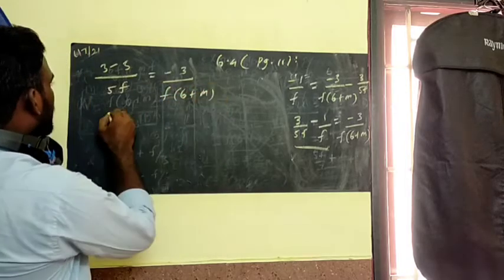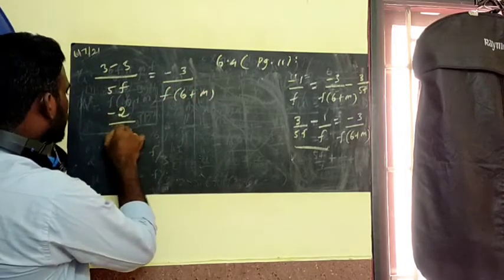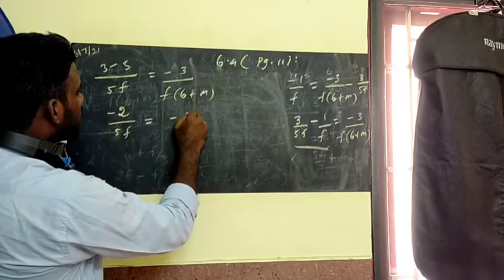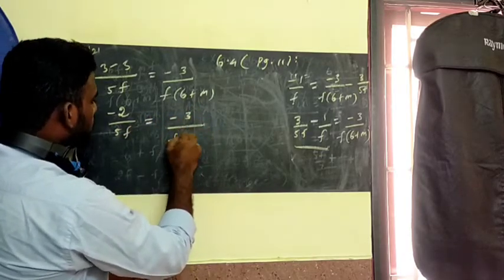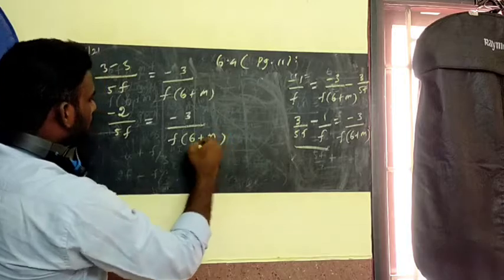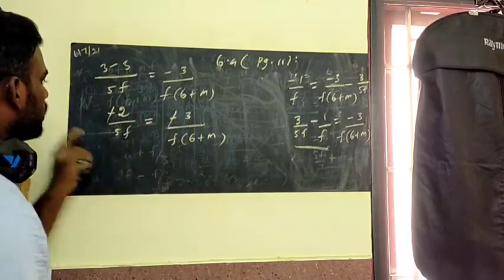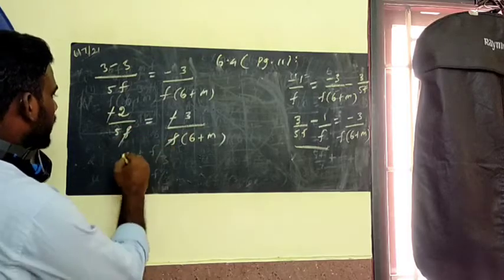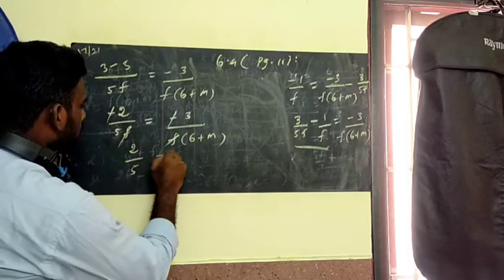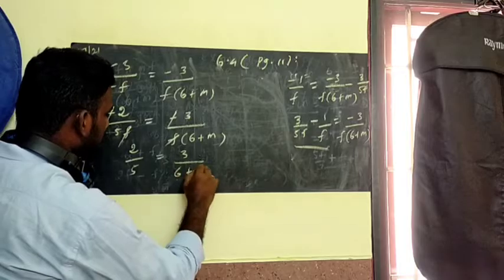Here it becomes minus 2 divided by 5f, and here minus 3 divided by f(6 plus m). Minus and minus will cancel. Now take f on both sides, so f also will be cancelled. That is 2 by 5 equals 3 by (6 plus m).